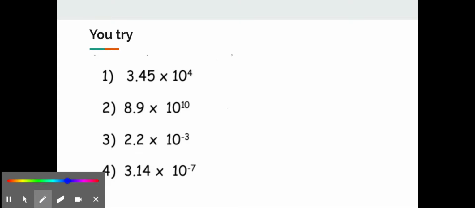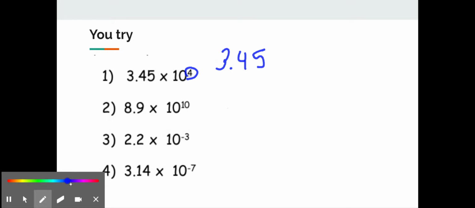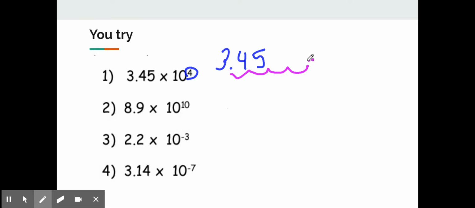So we have 3.45, and we have a positive exponent, so I know I'm going to move it to the right. This number is going to be greater than 1. We don't want to accidentally make it less than 1. So I'm going to move it to the right 1, 2, 3, 4 places. Now, every time you see an open space, you are going to include a 0 there.